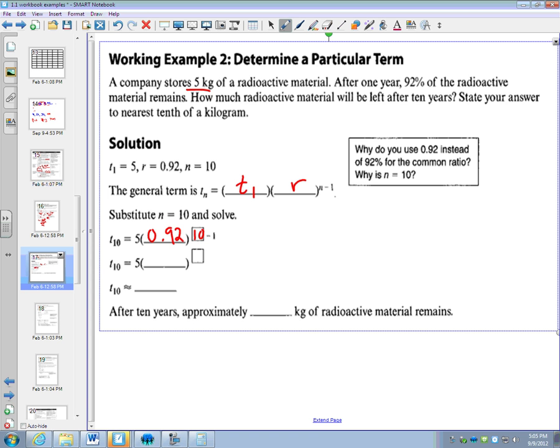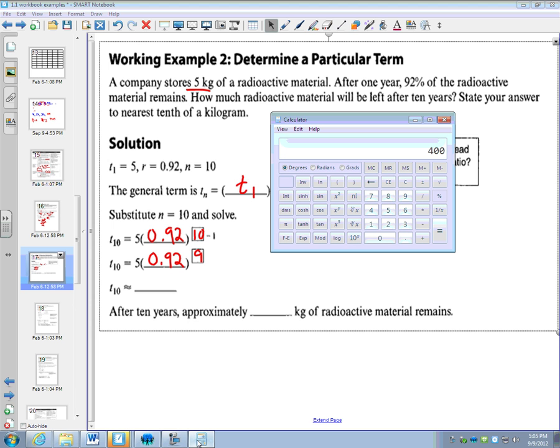The reason we use 0.92 instead of 92 is that we're getting less and less radioactive material, so we convert the percentage into a decimal. 10 minus 1 is 9, and then we put 0.92 to the power of 9. How we enter this into our calculator is important.